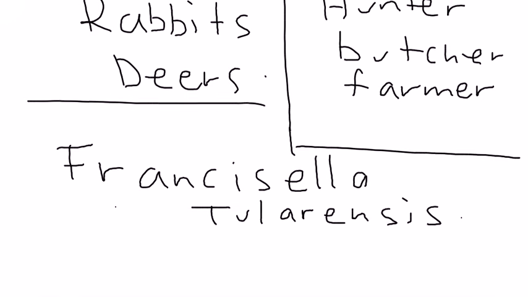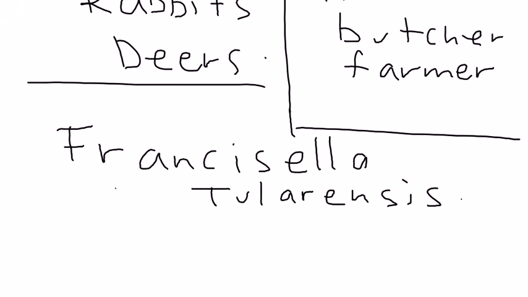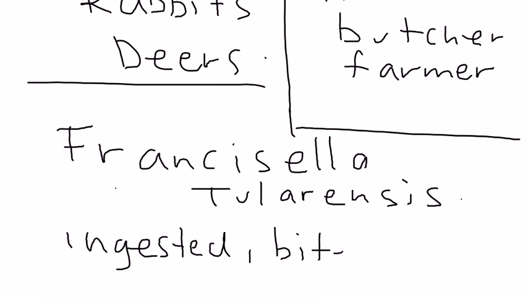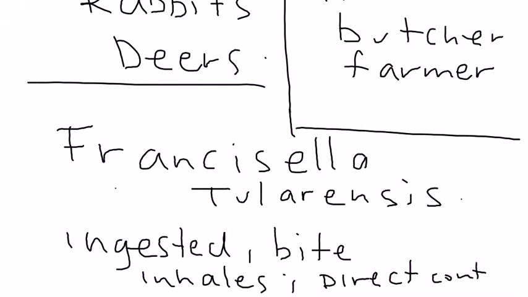And what happens is the organism can cause this medical condition known as tularemia if the person either ingests contaminated food or water, or is bitten by the actual deer or tick, or if the person inhales the organism or has some sort of direct contact with the organism.